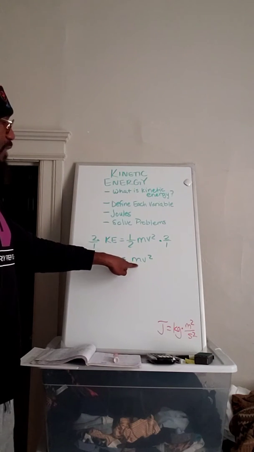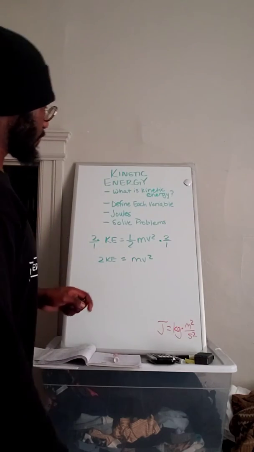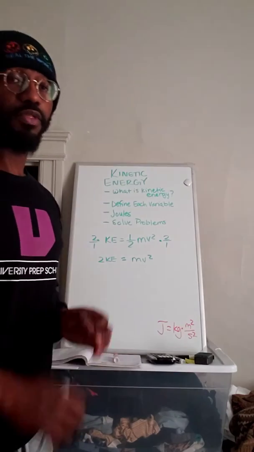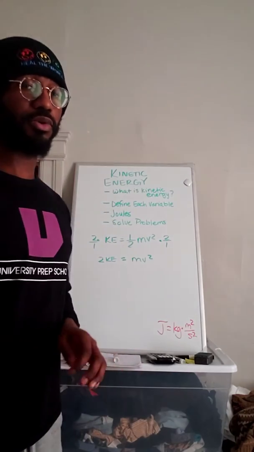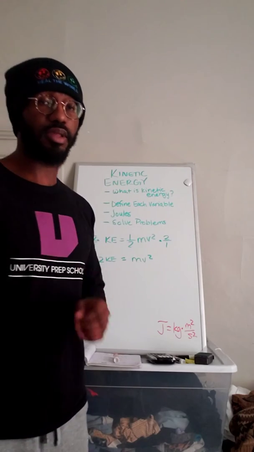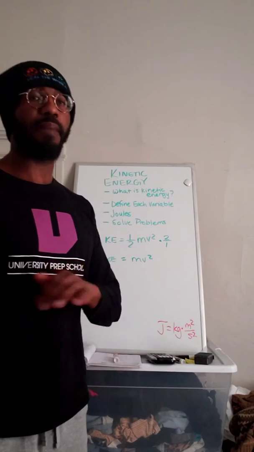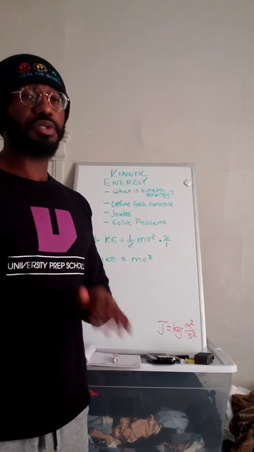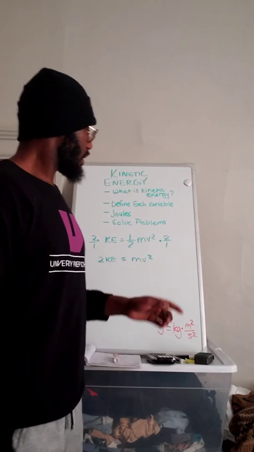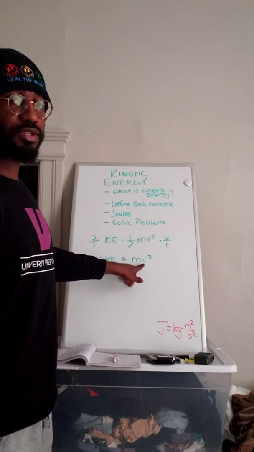I need to get m by itself. Okay? So in order to do that, I don't need to take a square root or anything like that. The only time I would take a square root is if the variable I'm interested in is currently being squared. V is being squared, but I'm not interested in V, so I don't have to take a square root to get V by itself. M is being multiplied by V squared.